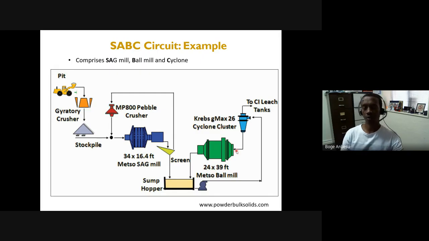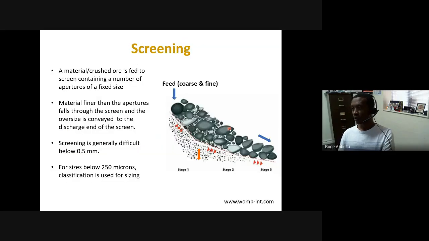So you can't just talk about crushing and grinding without talking about screening and classification, because those are the ones who control the product size from a crusher and the product size from a ball mill or a grinding operation. Okay, so usually we operate them in closed circuit because we want to control the product size. So that's why we talked about screening in this course.